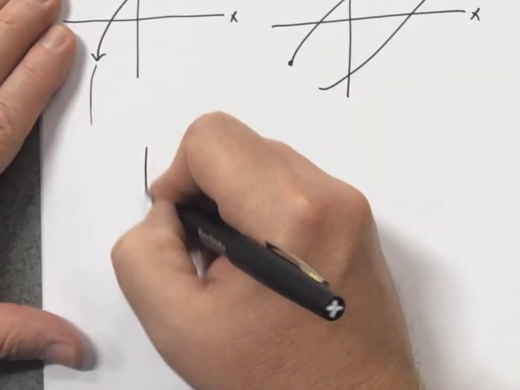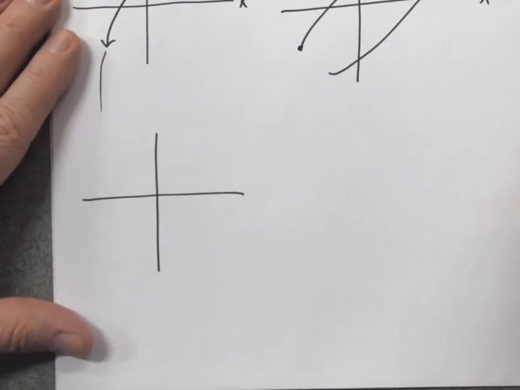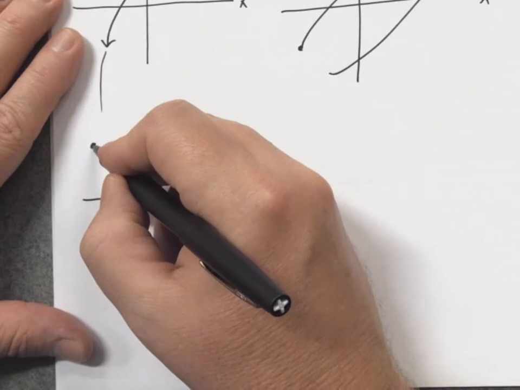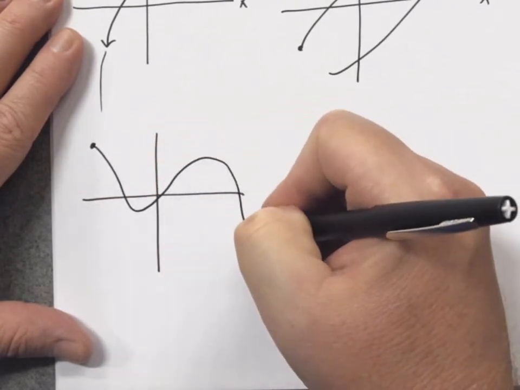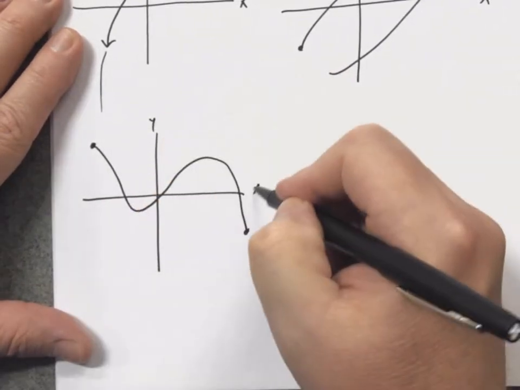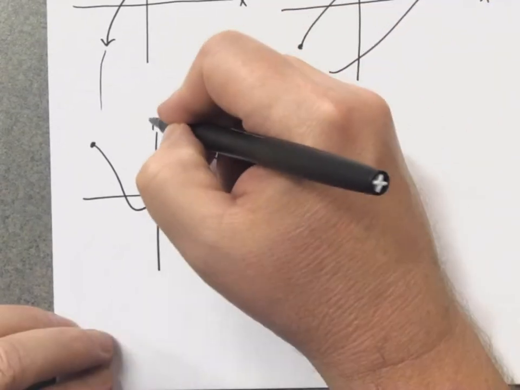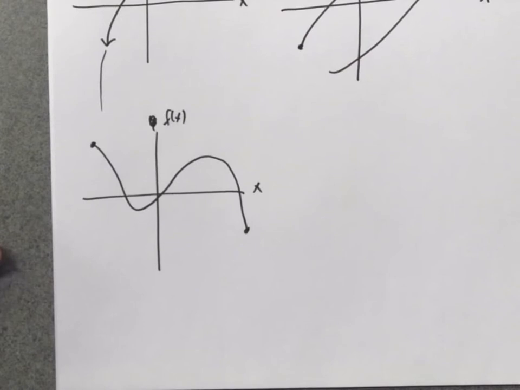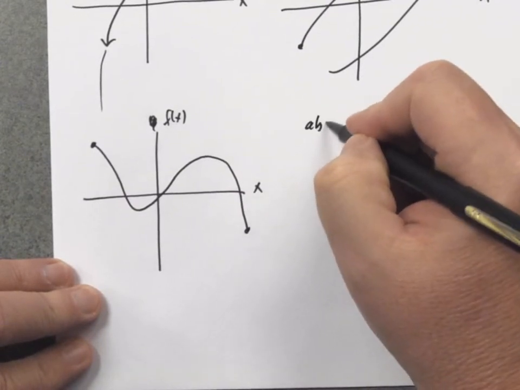So let's look at a couple graphs now, and let's talk about maximums and minimums. What if I start here, and here's a graph of a function. I call it y. I could have called it f of x. Once again, those are the same. Four questions. Look at this graph.